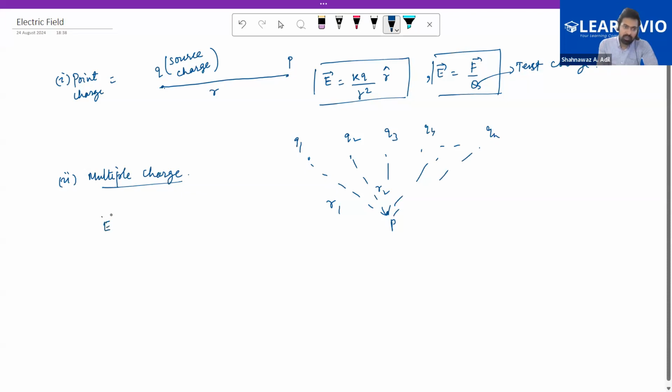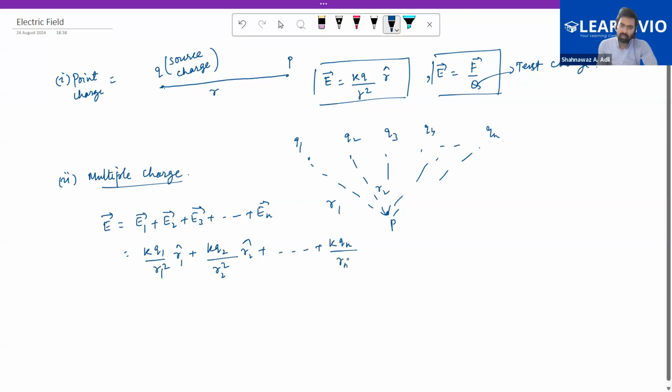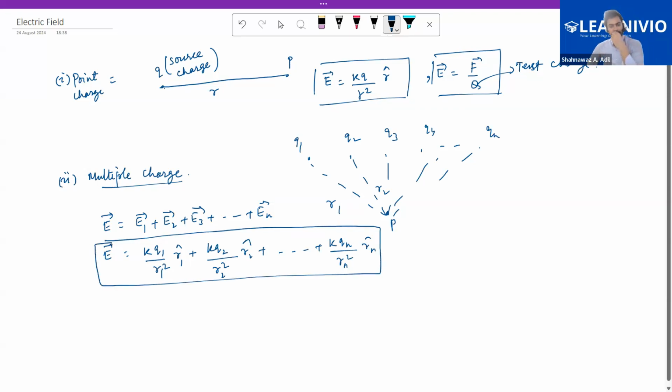So this electric field would be the superposition of all those individual electric fields. So we calculate each one: KQ1 by R1 square along R1 hat, then KQ2 divided by R2 square along R2 hat, and so on, up to KQn divided by Rn square along Rn hat. This is the electric field due to multiple charges, right?